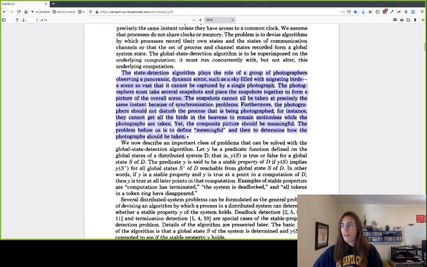The snapshots cannot all be taken at precisely the same instant because of synchronization problems. Furthermore, the photographers should not disturb the process that is being photographed. For instance, they cannot get all the birds in the heavens to remain motionless while the photographs are taken, yet the composite picture should be meaningful. The problem before us is to define meaningful and then to determine how the photographs should be taken.